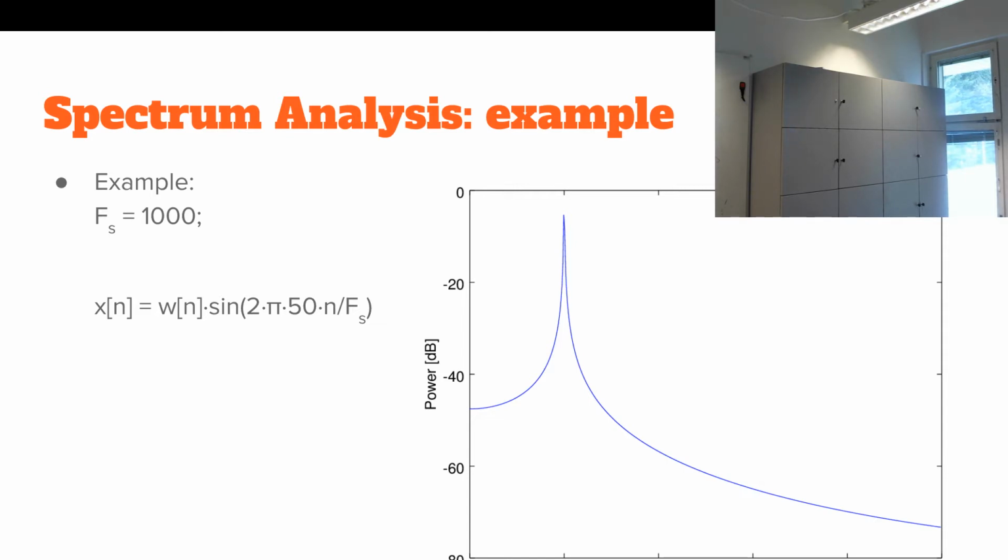So basically I'm guessing that 50 hertz is just near 50 hertz, not exactly 50 hertz. 1,000 samples per second divided by 1,024, meaning that the spectral resolution is 0.9765625 hertz.